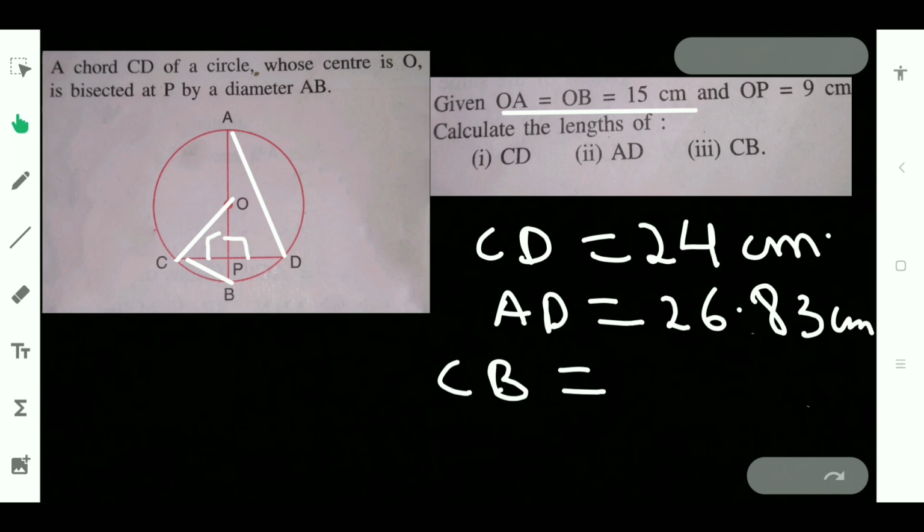And next we have to get BP value also. BP is nothing but 15 minus 9, because you know OB is given here 15 centimeter, but you know the value of OP.